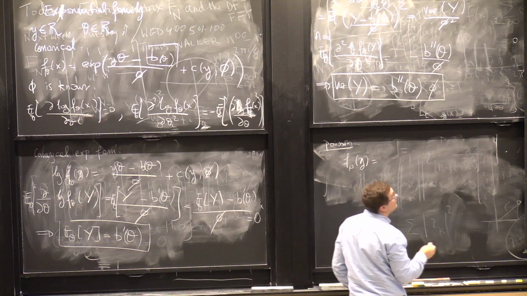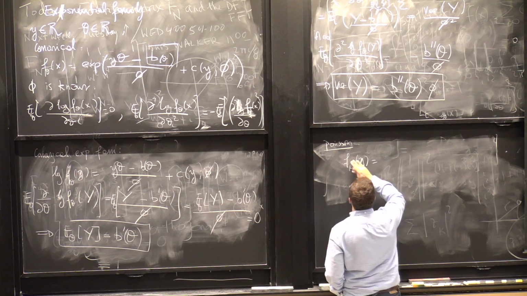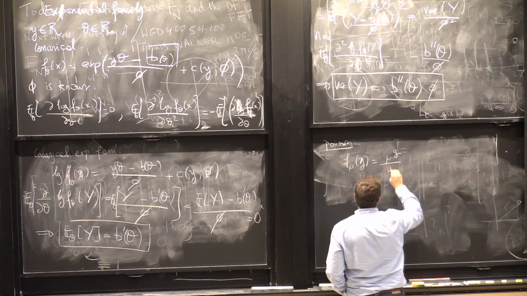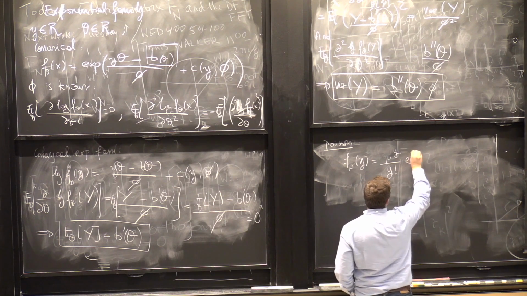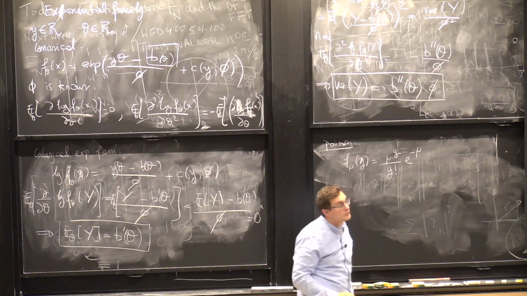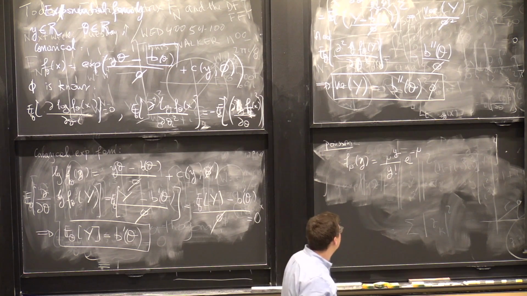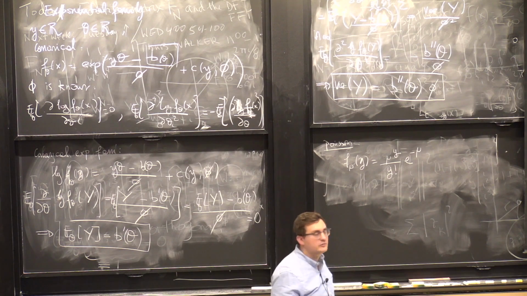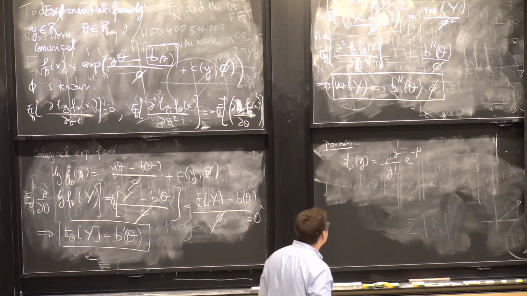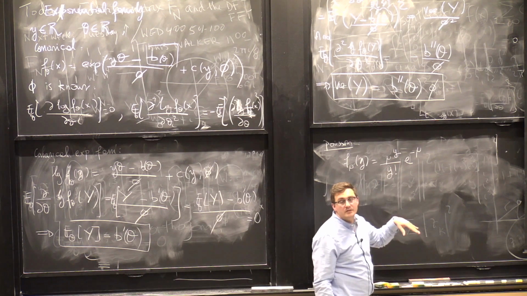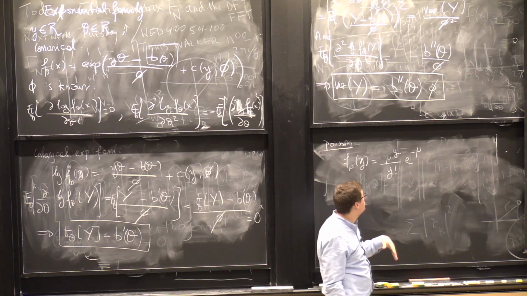The density is mu to the y divided by y factorial, times exponential minus mu. Mu is usually called lambda, and y is usually called x, so usually it's lambda to the x over x factorial, exponential minus lambda. Since this is just the series expansion of the exponential, when I sum those things from 0 to infinity, this thing sums to 1.